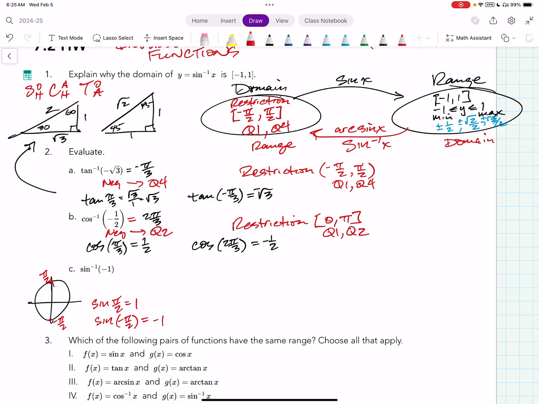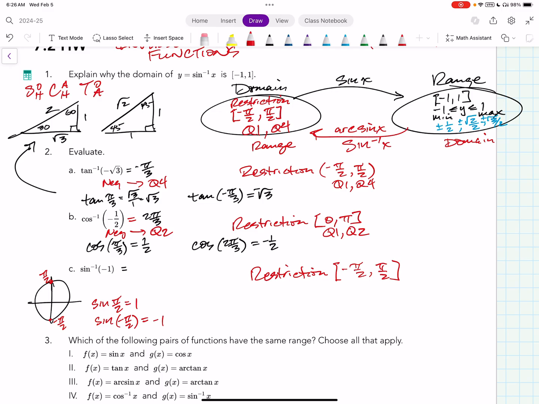So because of this, the inverse sine of negative 1 should give us an angle. Let me write the restriction of sine now. That's what I've been doing for each one here. If you recall, the sine restriction was from negative pi halves to pi halves.